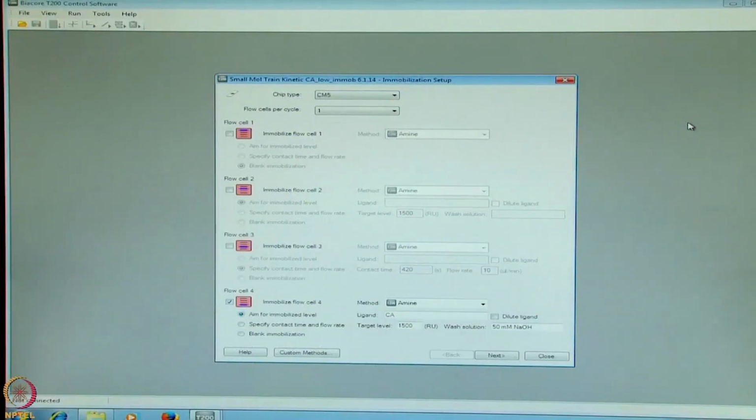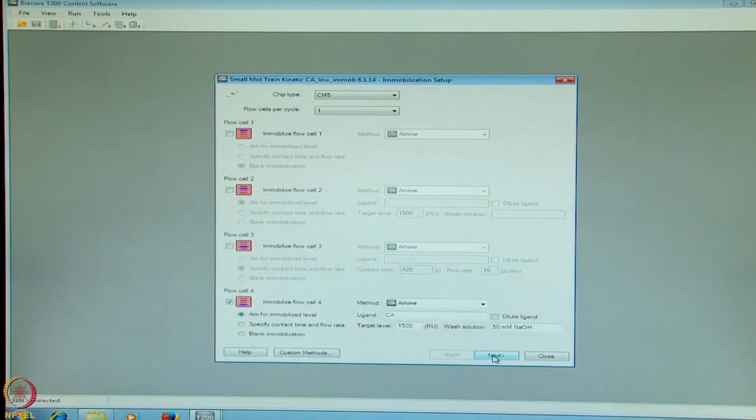Now, we will set up our immobilization for the kinetic template. For this kinetic experiment, we will have the carbonic anhydrase immobilized by amine coupling on flow channel 4 to the target level of 1500 RUs, and we leave immobilization as 0 on flow cell 3.